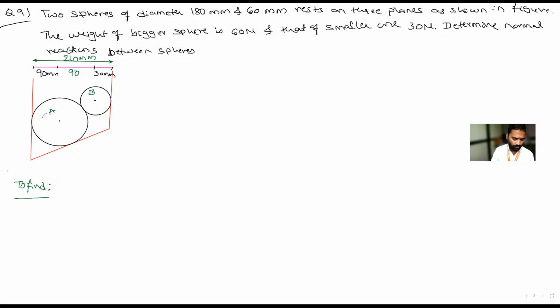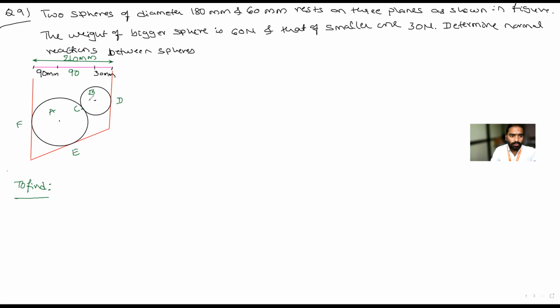I will denote this is A, this is B. I will take this point as D, this point as E, and this point as F. My intention is to find out the normal reactions. So this is the normal reaction RD. Next there is RE. Next there is RF. Then in between these two there is a C point, between the two surfaces.